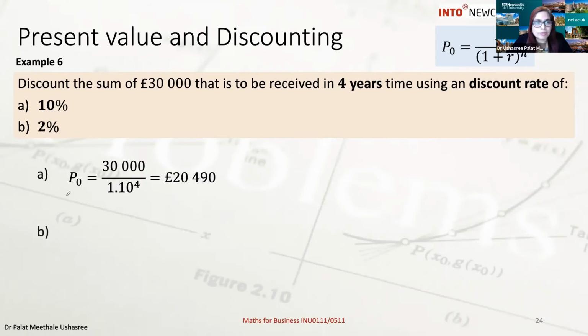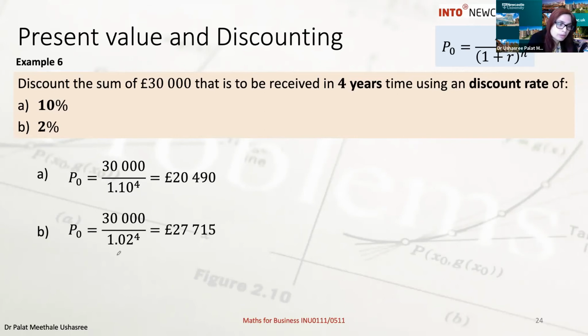So for the first at 10%, the multiplying factor is 1.10, so 1.10 to the power of 4 years, you get 20,490. And for 2%, you get 1.02 to the power of 4. Look at that. As the discount rate is decreasing, because it's in the denominator, the denominator value is decreasing, so what will happen to this value?